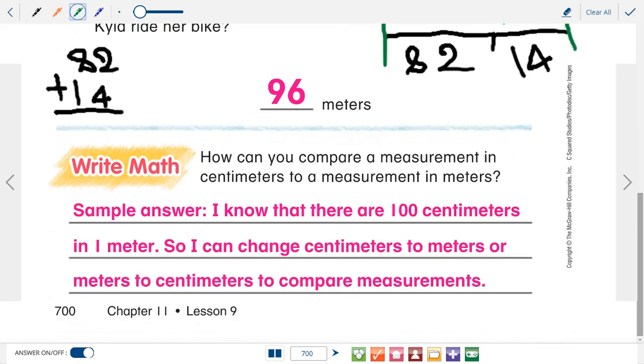Okay, how can you compare a measurement in centimeters to measurement in meters? We learned that 100 centimeters equal 1 meter. So we can change centimeters to meters, then compare them, okay? This is not important for you. I noticed that some of your parents taught you how to change numbers from centimeters to meters, even hard numbers.